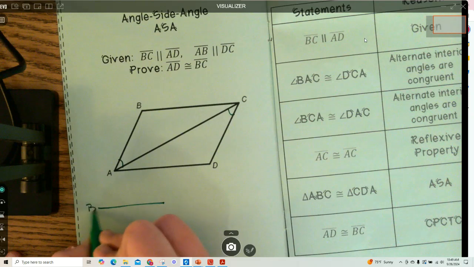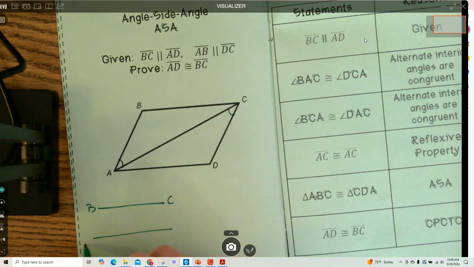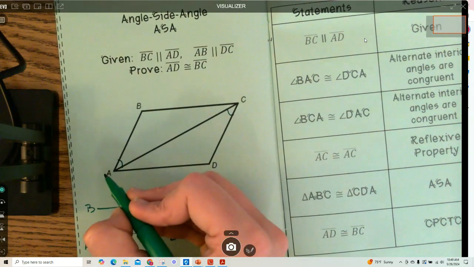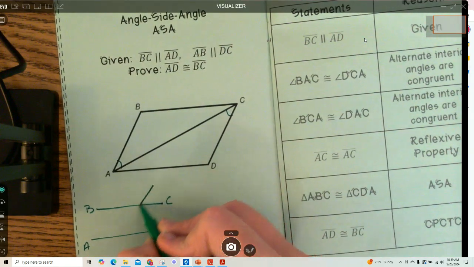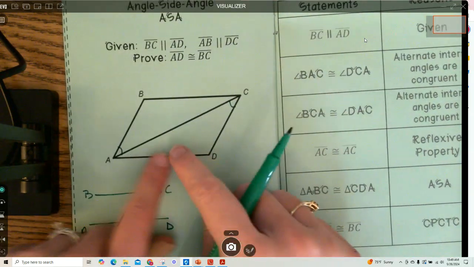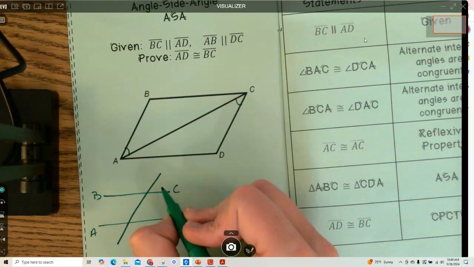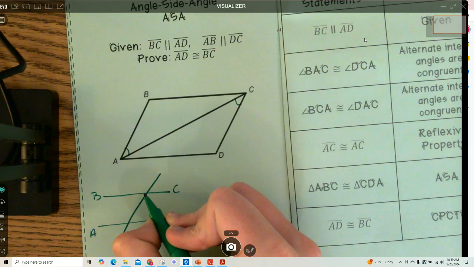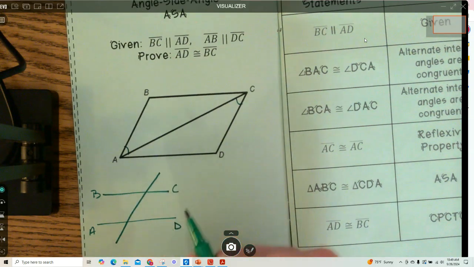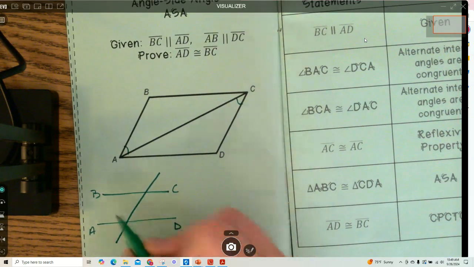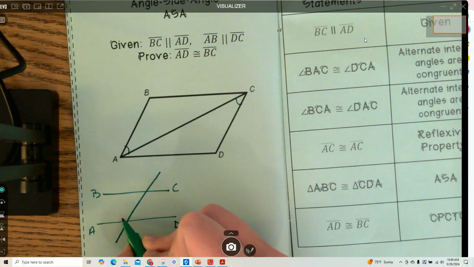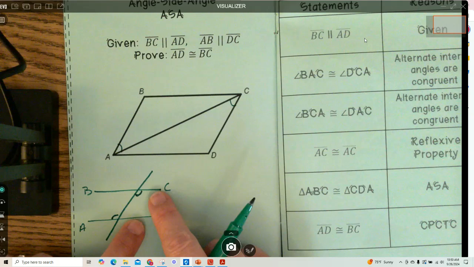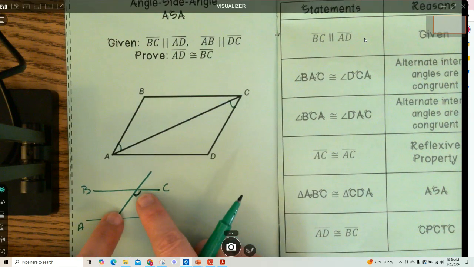BC, AD, and then we're going to say that this line here, that's this. Sorry, I'm trying to think about how I want to represent this to make sure I'm representing it right. Means this angle here and this angle here, those are alternate interior angles, and those are congruent.